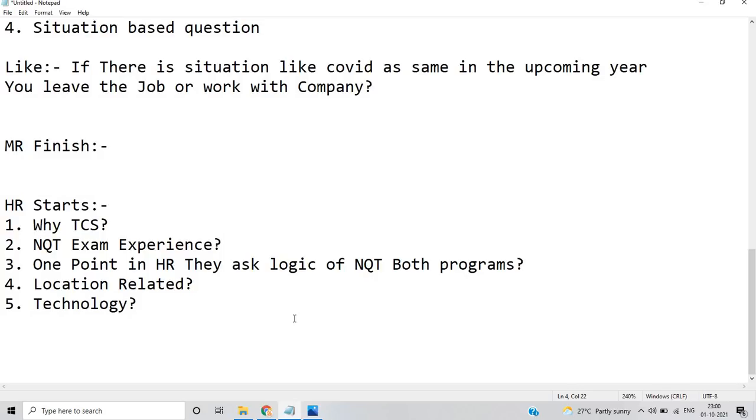In the HR interview they ask these types of questions, so you have to be prepared for the HR interview. After that HR will also be finished.